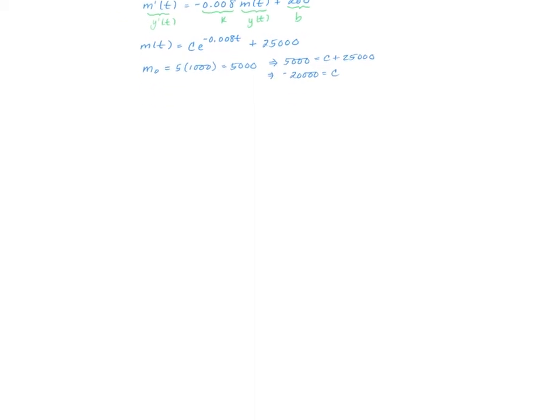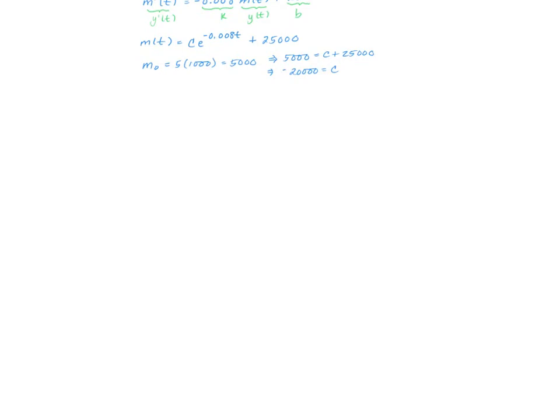So bringing all of this together, the mass of sugar in our tank at any time is going to equal negative 20,000 e to the negative 0.008 t plus 25,000. This is the equation that we're looking for. Just to let you know that the units are in grams here for the mass.